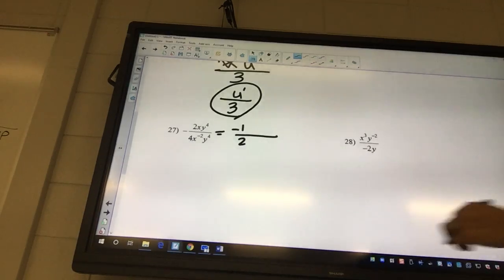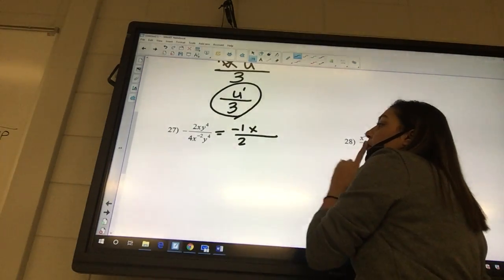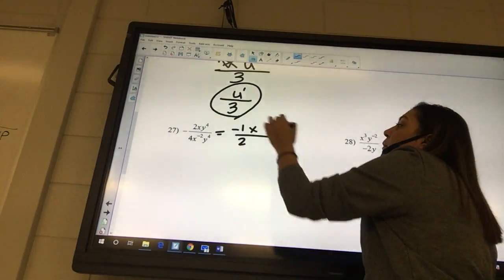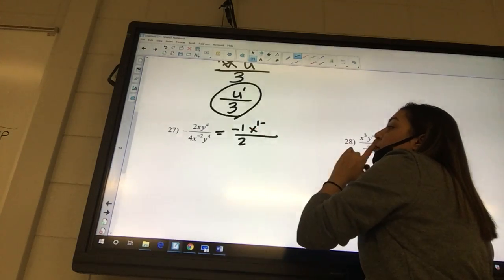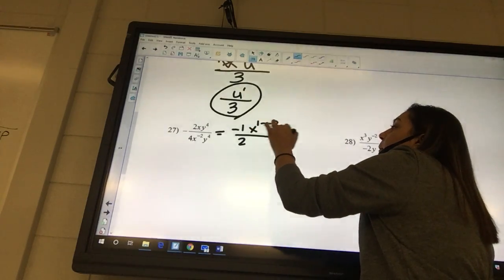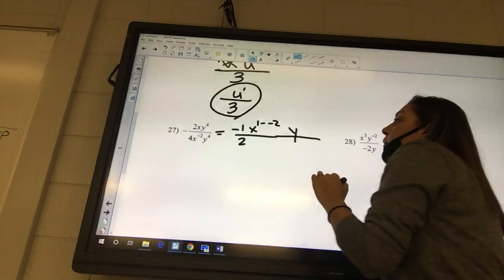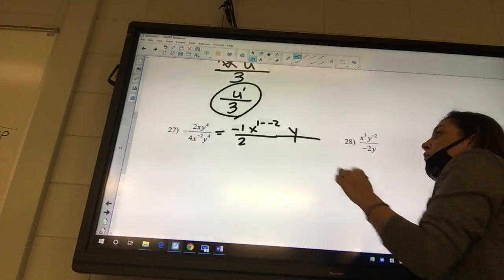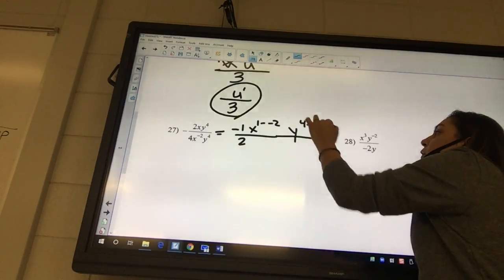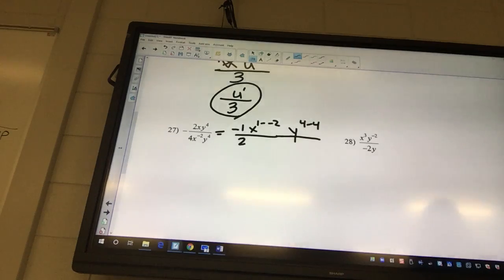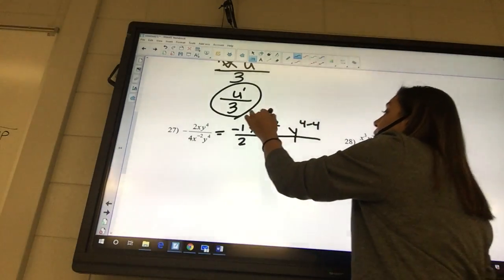Okay, on the top we got x to the what? X to the 1 minus negative 2. Y to the 4 minus 4. Okay, what's that minus minus? Plus. So x to the 3.